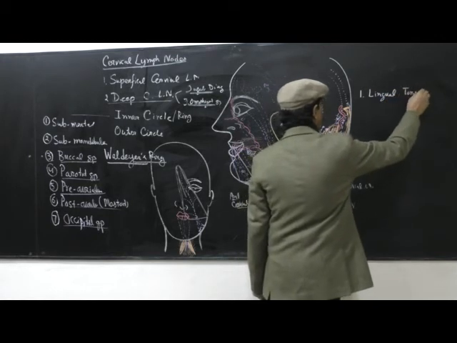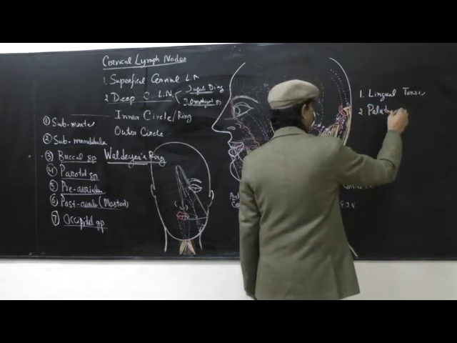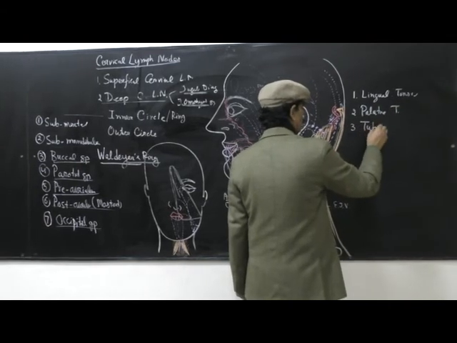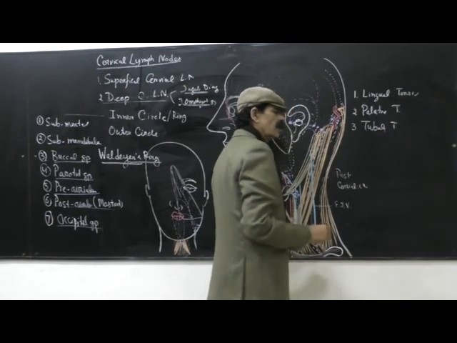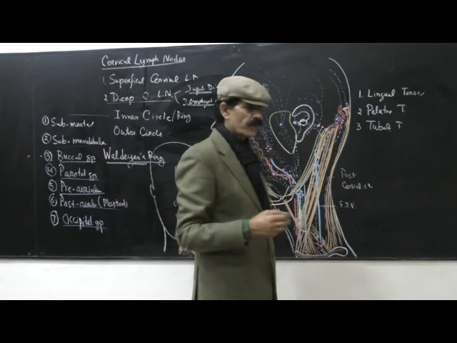Then the palatine tonsil. Then the tubal tonsil. Tubal tonsils are in relation to the Eustachian tube opening in the nasopharynx.